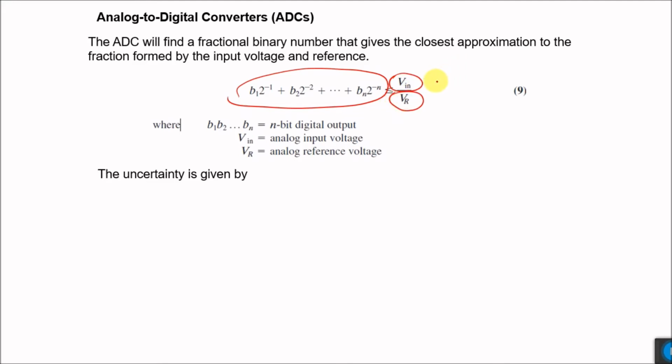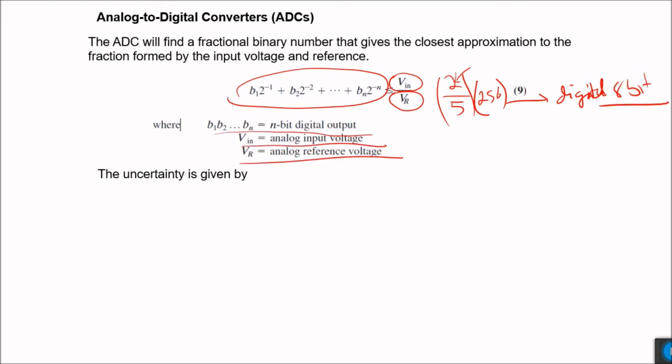For instance, if you have an input of 2 volts and a reference of 5 volts, the analog data is now 2/5 of the reference voltage, and that 2 over 5 is multiplied by 256 to convert it into digital data of 8 bits.